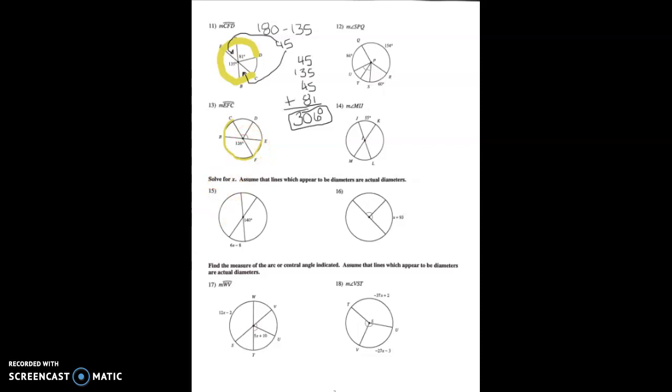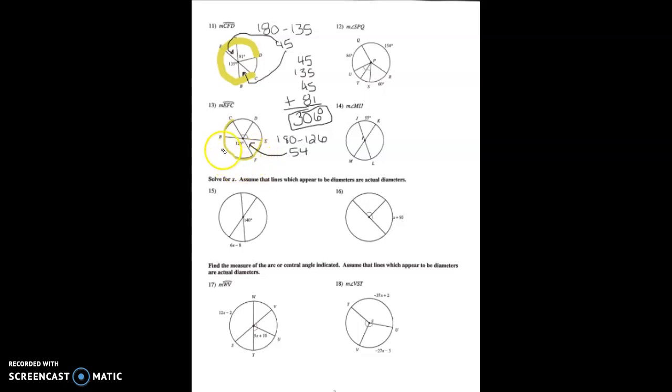So in order for us to find out what that something is, we have to take 180 minus 126. And you end up with 54. So 54 is that slice of pizza.